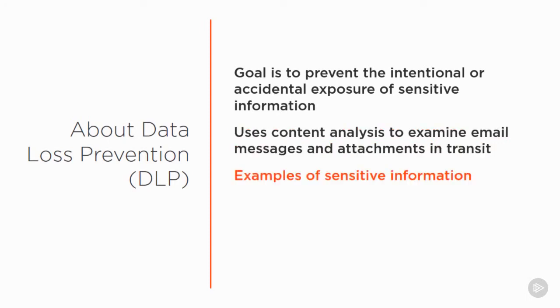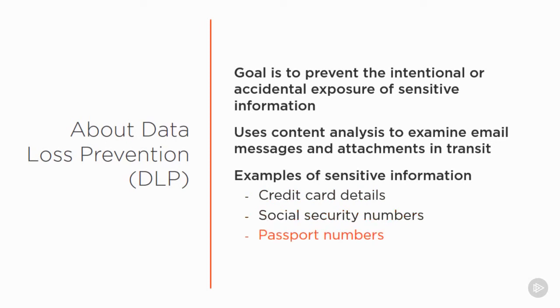The types of sensitive information that DLP is usually used to look for are things like credit card details, social security numbers, and passport numbers. Basically, all kinds of financial or personal data, especially those that are covered by various laws and privacy regulations around the world, and that probably shouldn't be sent using email, or at least not without taking steps to protect the data in the email, such as with encryption.